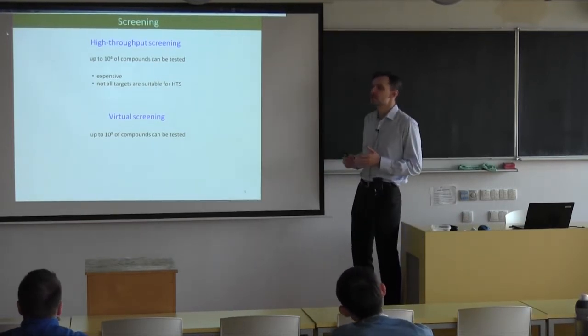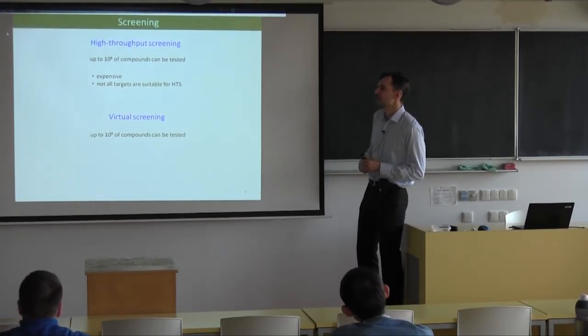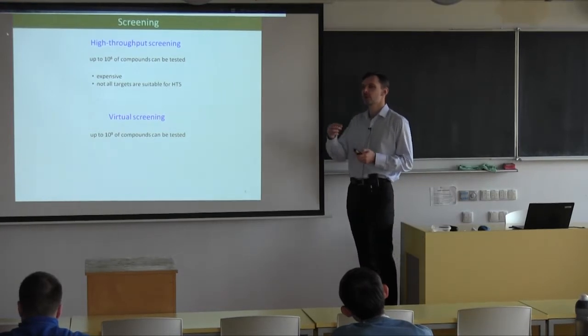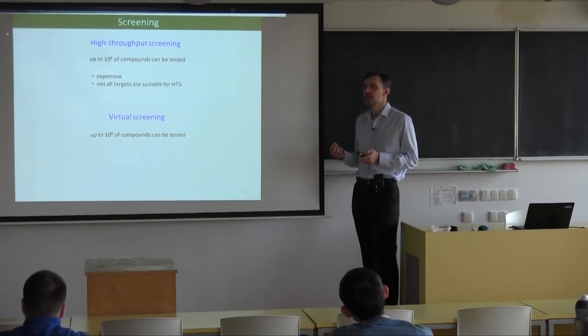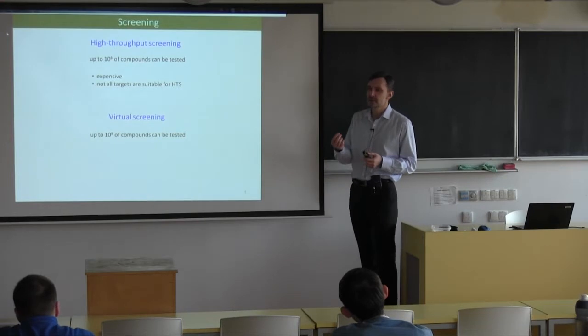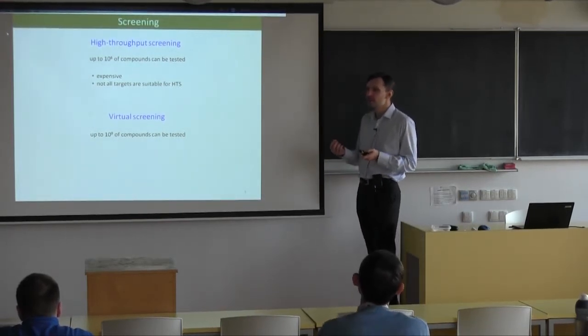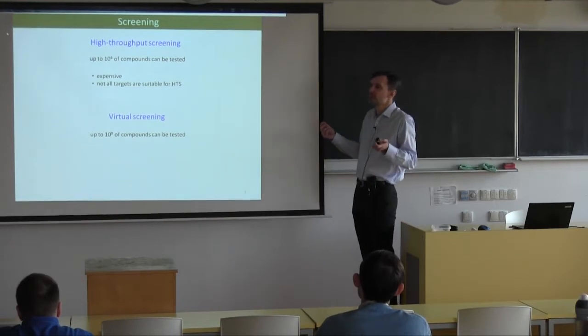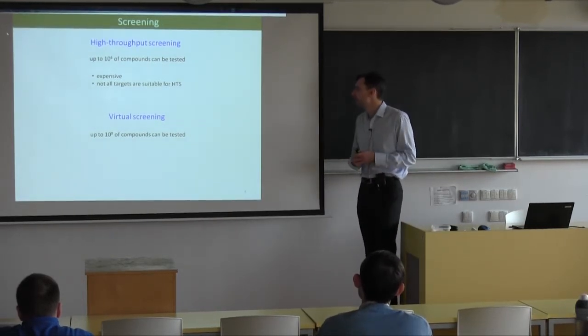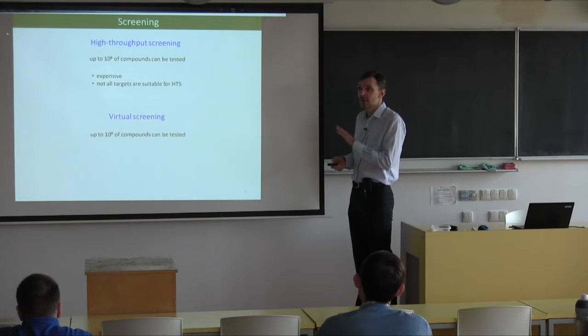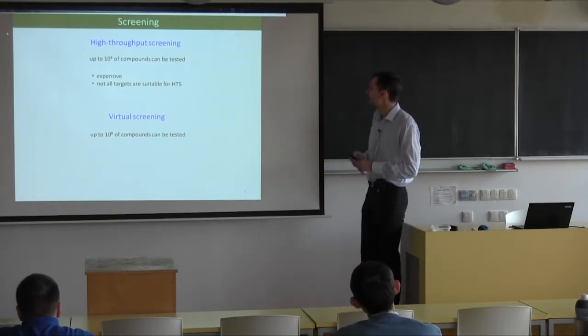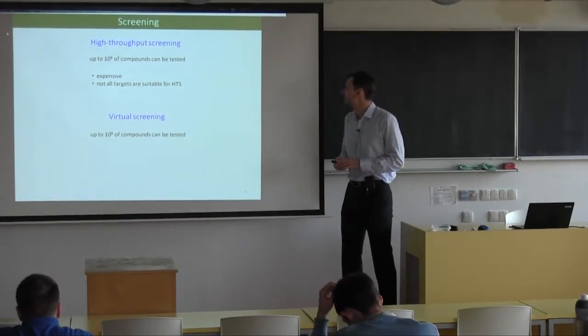Carl showed you that it is cheap for quite simple testing like cytotoxicity. But for more complex assays, it is much more expensive, and it will not be possible to test even maybe 10,000 compounds. For academia, it is not affordable, while for industry, it is affordable.